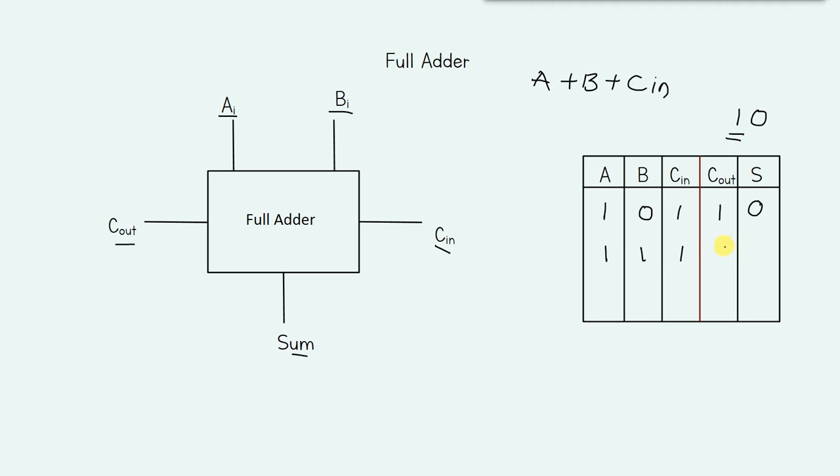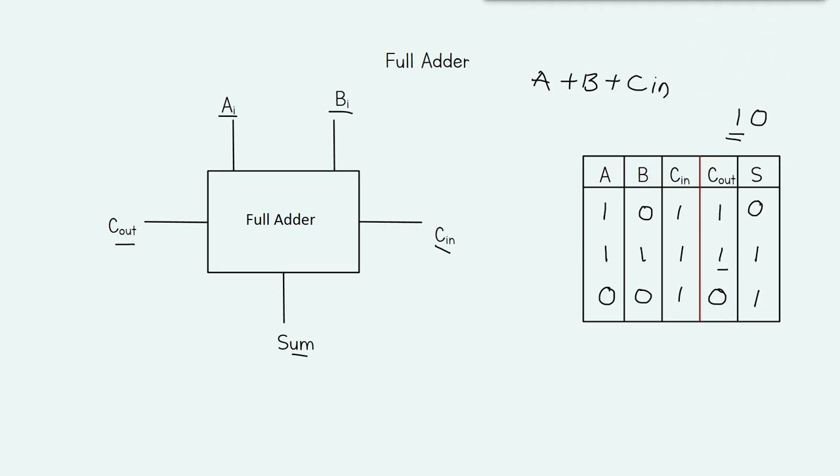Then the binary equivalent of 3 is 11, so the sum is 1 and the carry out is also 1. And then consider 0 0 and just the carry in is 1. Then the sum is 1 and the carry out is 0. So this is how a full adder works.